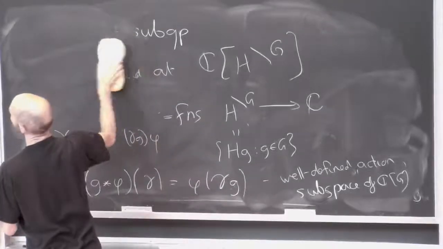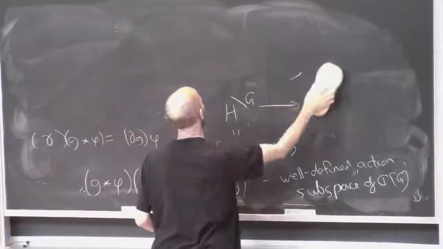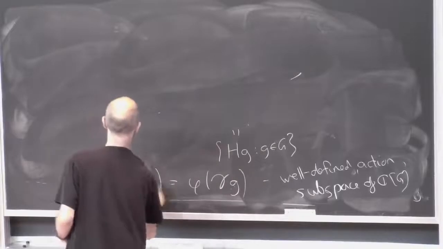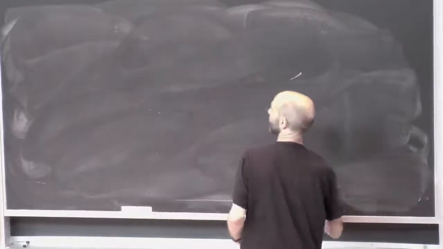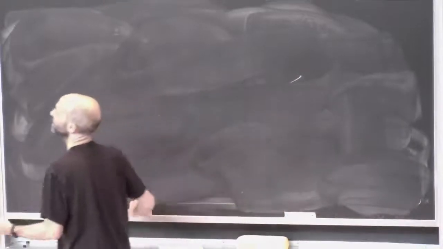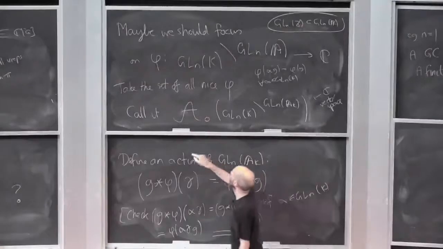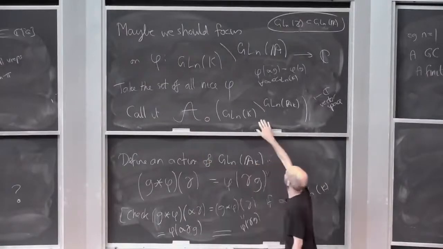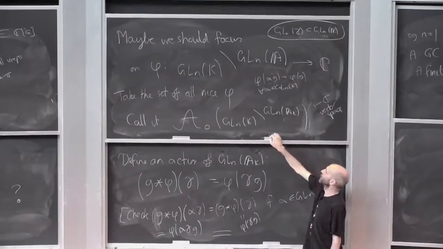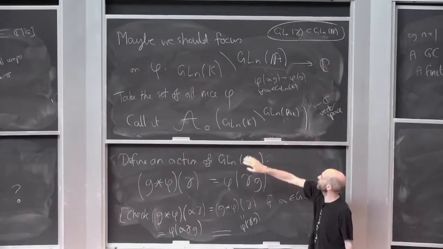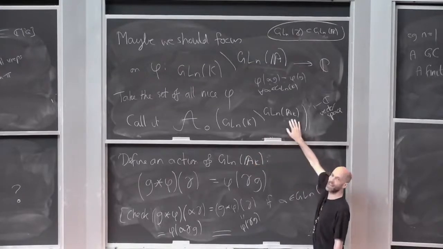So the idea is, I've got this A0 of GLN over K, of GLN of Adeles, we've got this space. I haven't defined it properly. It's nice phi's from this thing here. So the idea, just as we did for H, you should regard this as not the group ring of GLN of AK.